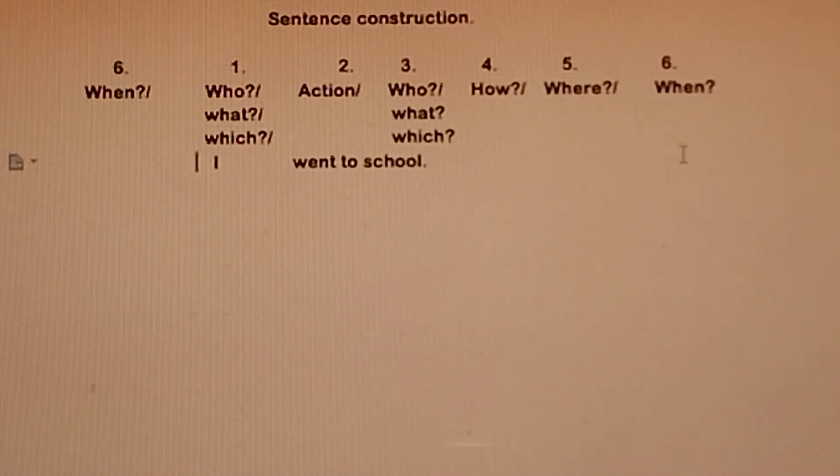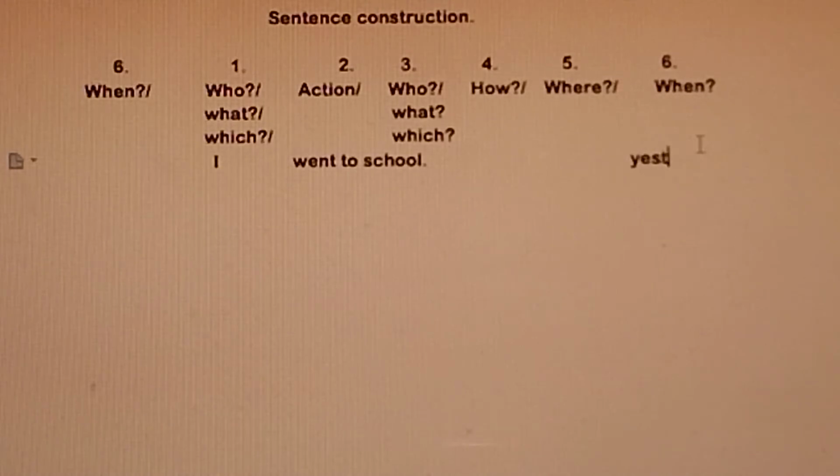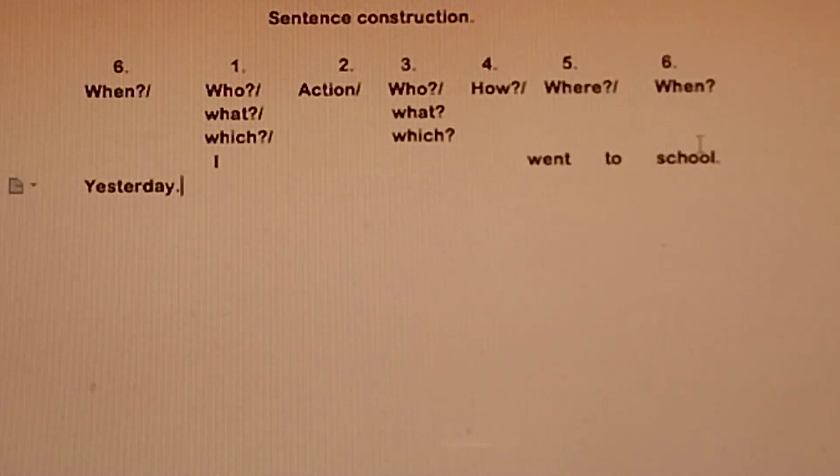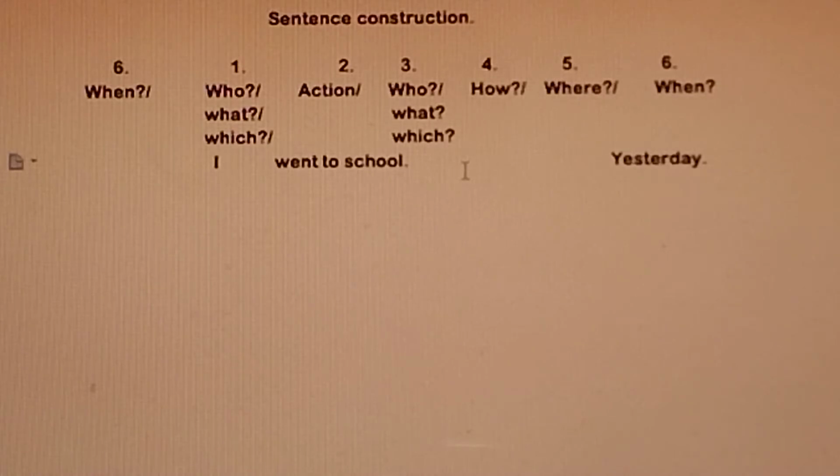And then we put yesterday here. Since yesterday can be at the beginning or at the end, so we can put it there. So I went to school yesterday. I hope you understand that, right?